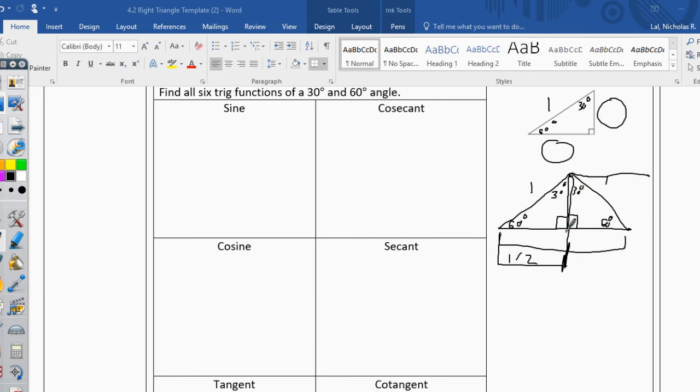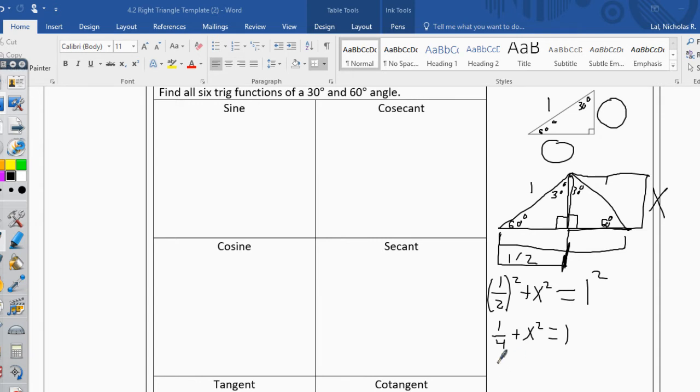I'm going to call the height x, and we can use the Pythagorean theorem: a leg squared plus x squared equals 1 squared. 1/2 squared plus x squared is equal to 1 squared. What's 1/2 squared? 1/4 plus x squared is equal to 1.